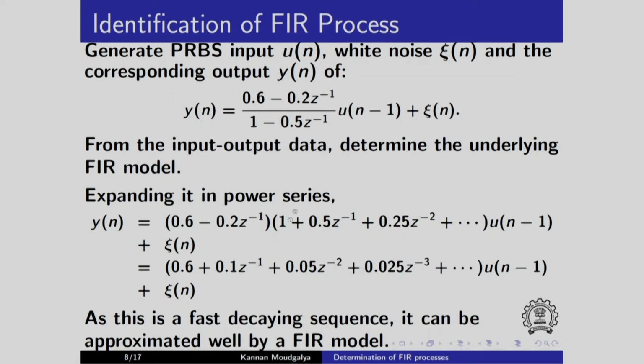So the problem statement is, excite this plant with C and U, measure Y, based on these measurements determine the model parameters and check whether what you determined agrees with the system that you have here. That is the problem statement.